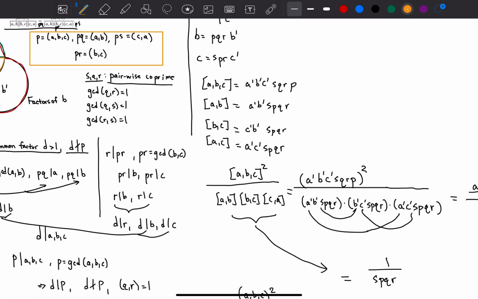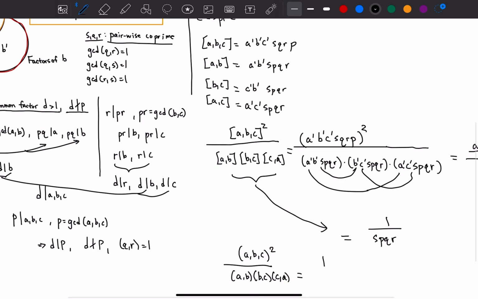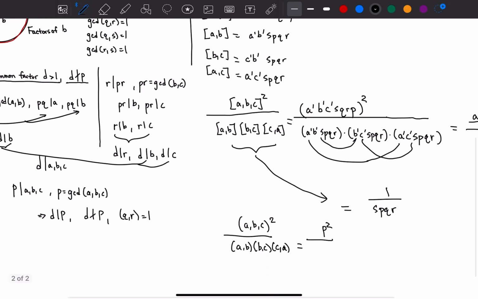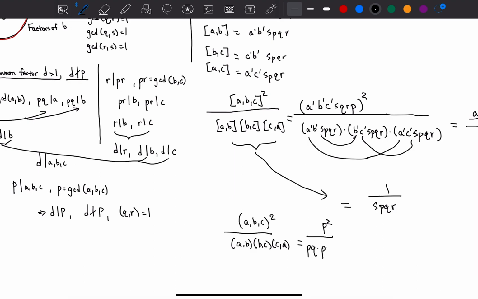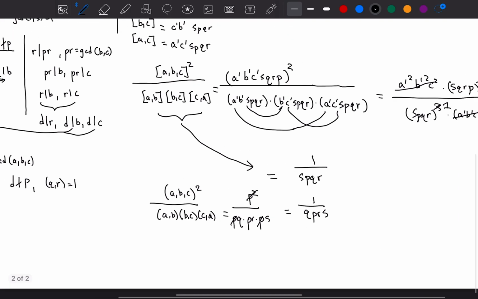We can just say this equals P squared over PQ times PR times PS. And what is this equal to? We can cancel the P's, and it equals 1 over Q P R S. And what is this equal to? No way, it's the same as the previous expression.